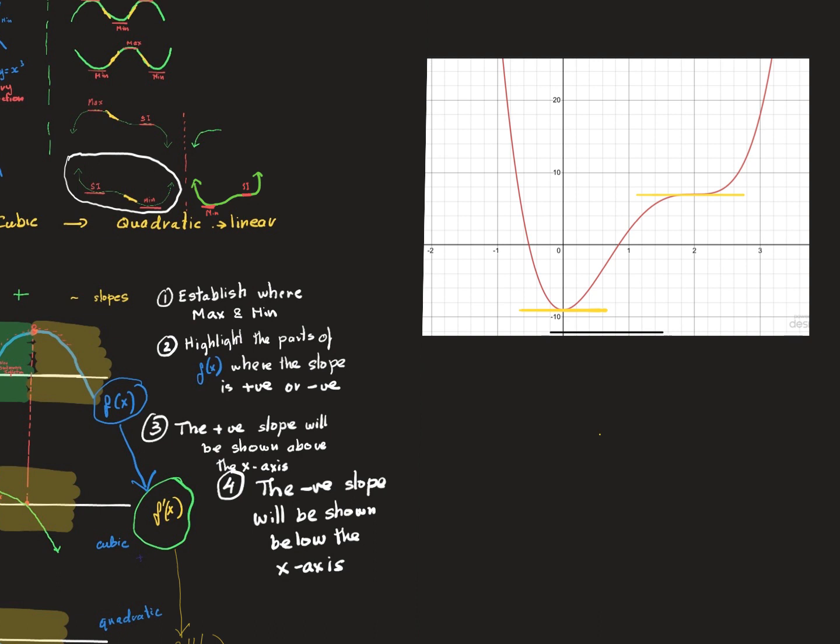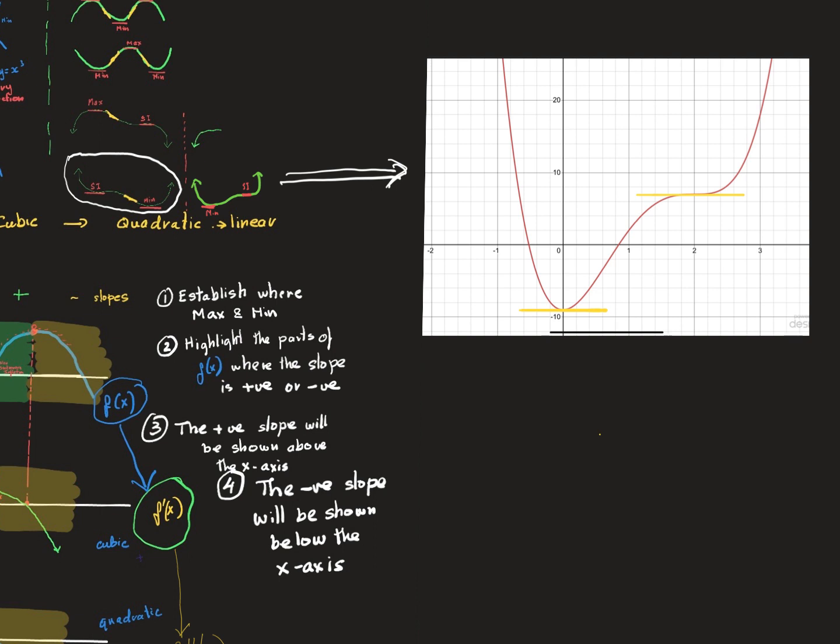This graph represents my sketch over here, so you can see it a lot better. Now you can see that it's got a minimum stationary point, and it's got another stationary point here, which is the stationary point of inflection.